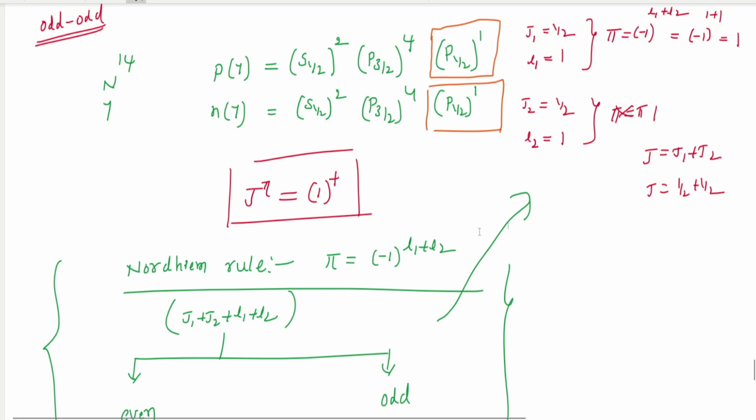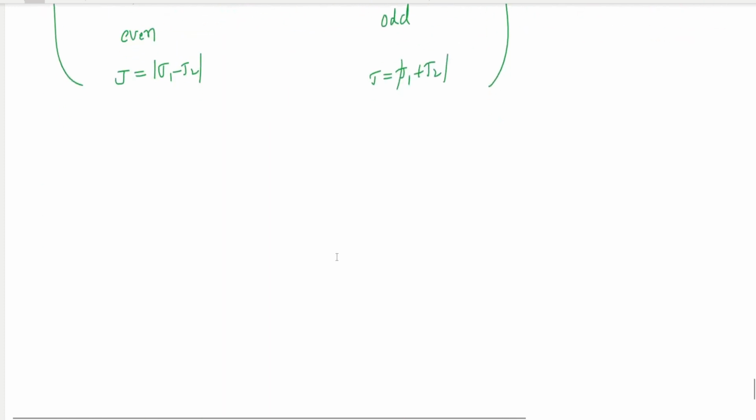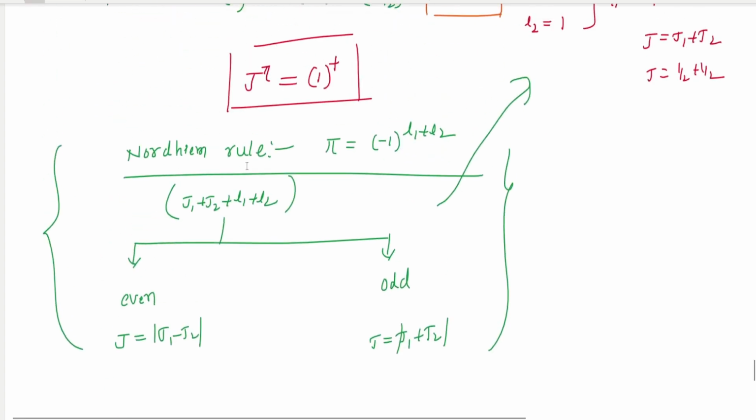Okay, so now we can check this type of problems, previous CSIR NET problems. The first one is this GATE 2010 problem. Find the spin parity of nitrogen 15. They're asking. So they didn't give any number here, the proton number.